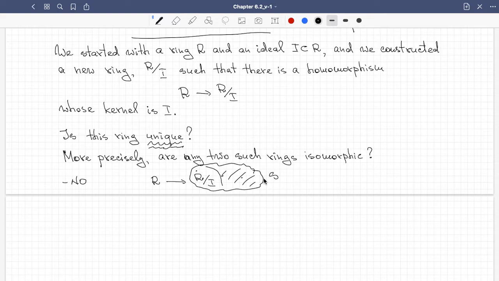So a correct question would be with the word surjective.